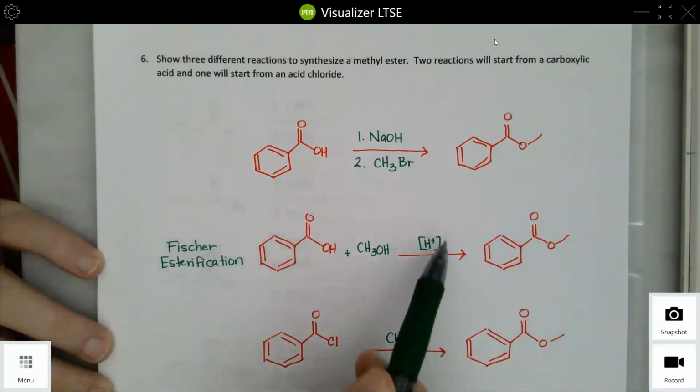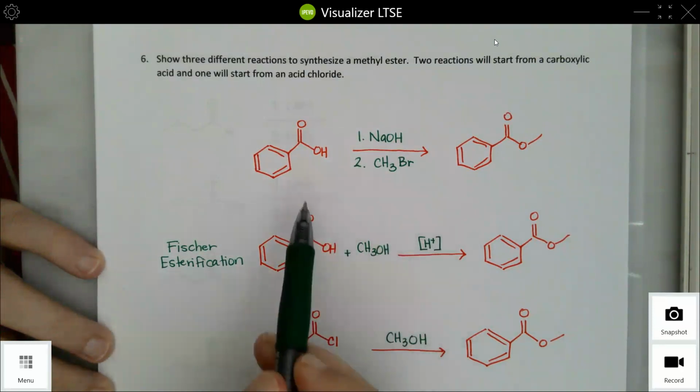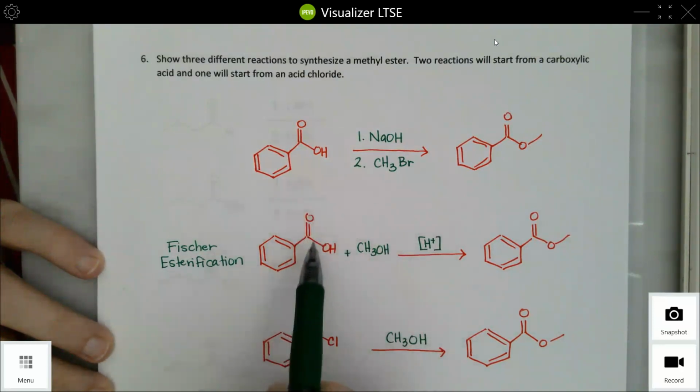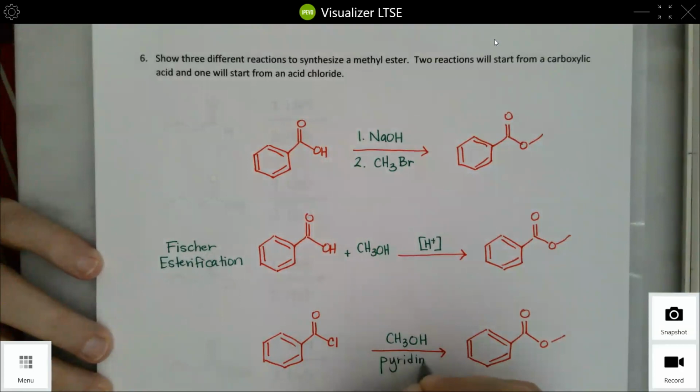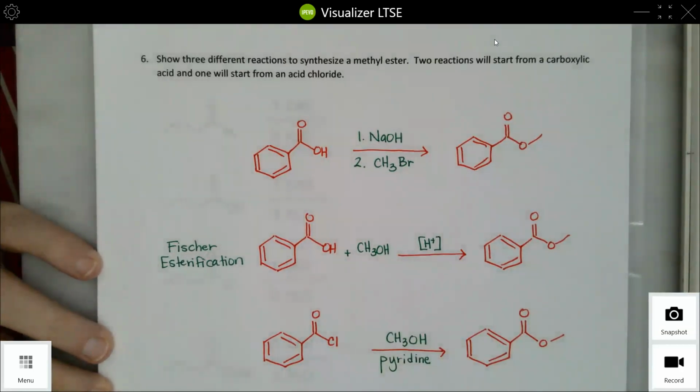The point of adding the acid catalyst is it protonates the oxygen and makes a stronger electrophile at this carbon. So we already have a strong electrophile, so we don't need an acid catalyst. Sometimes people will throw in an equivalent of pyridine, though, to act as a base, and that prevents HCl from forming as a byproduct in this reaction.